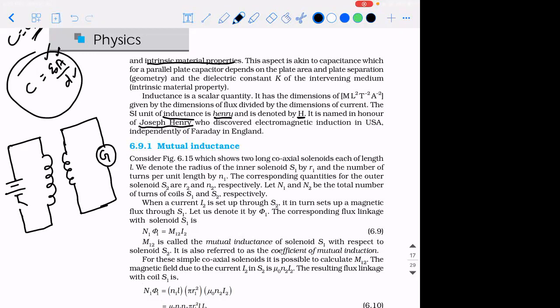Now listen. One device is connected to a potential source. The other device is connected to a galvanometer.